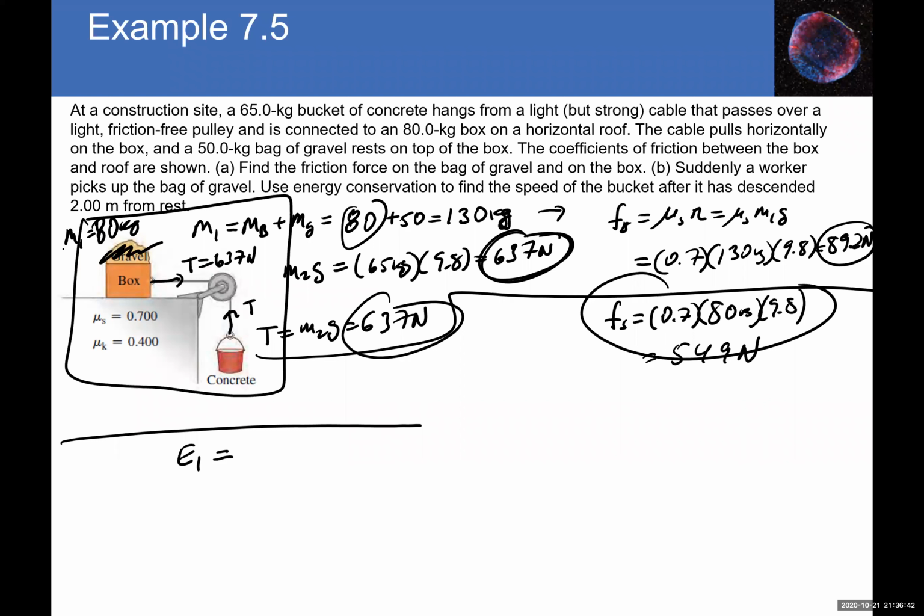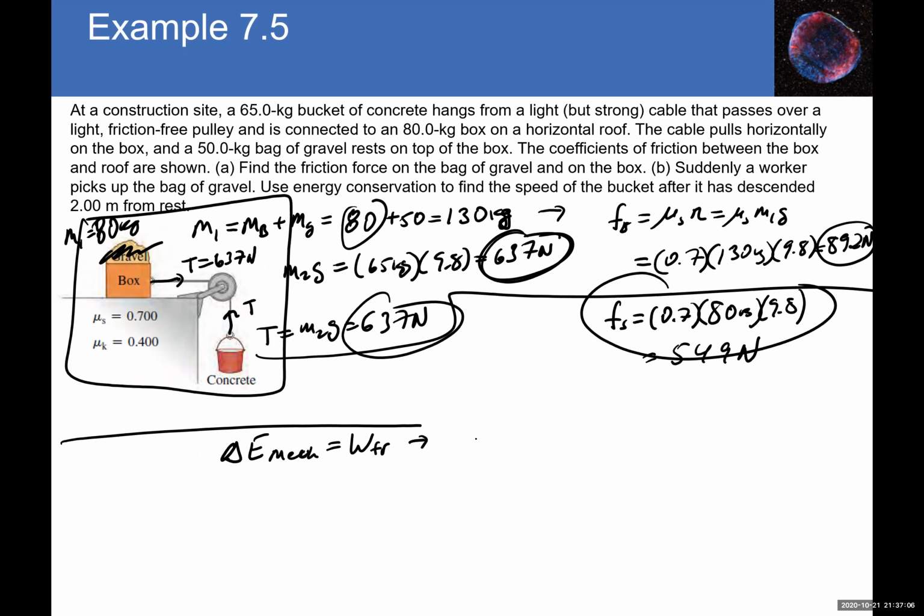The mechanical energy of the system will be changed by the friction, so it equals the work done by the friction.